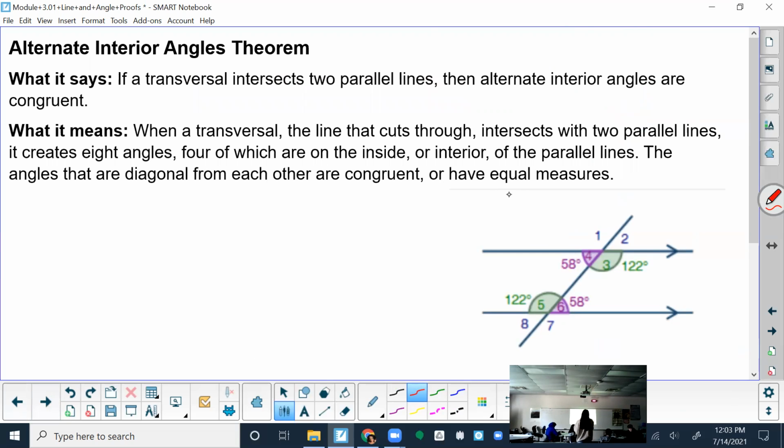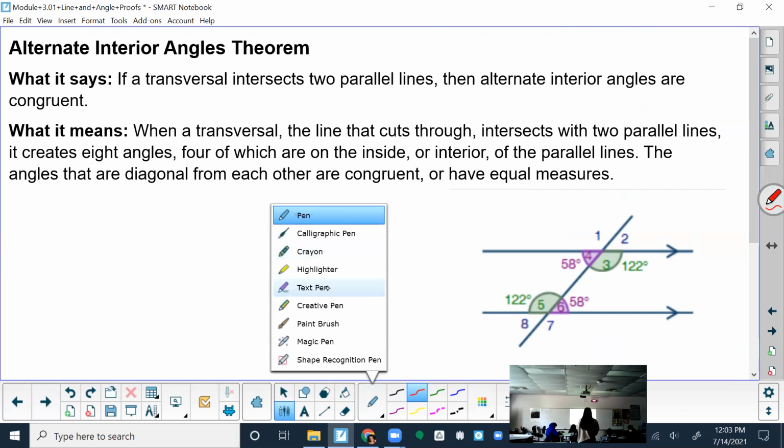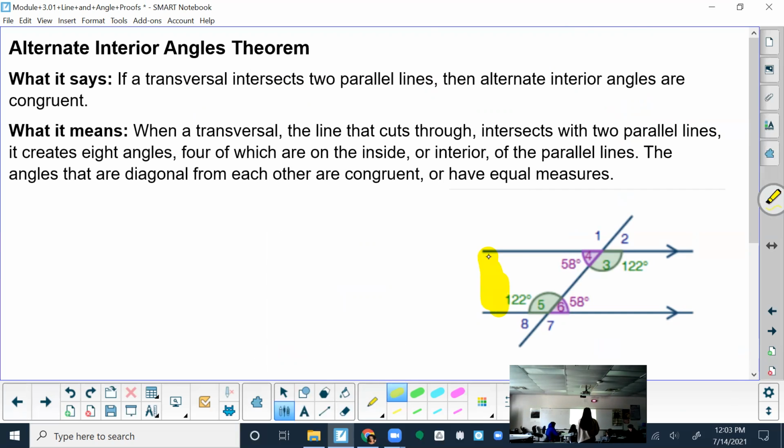Alternate interior angles theorem. Like we said, the interior refers to the space in between the parallel lines. If you want to make markings on the picture, I would do that. So this would be your interior.